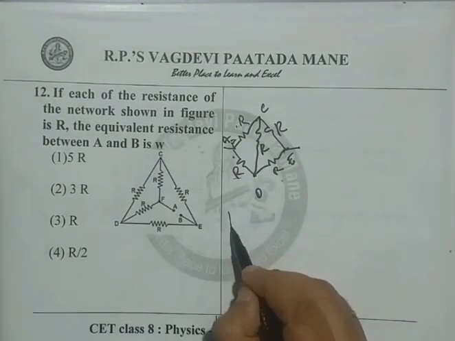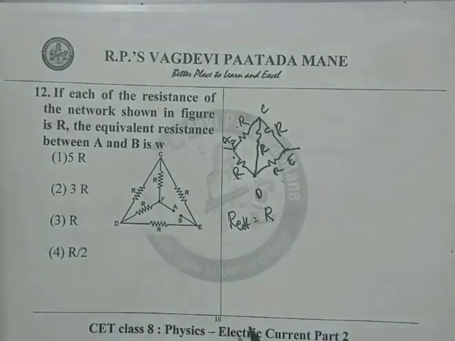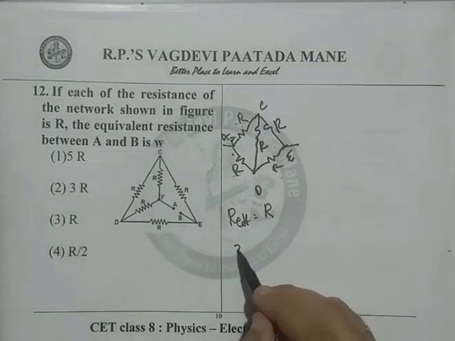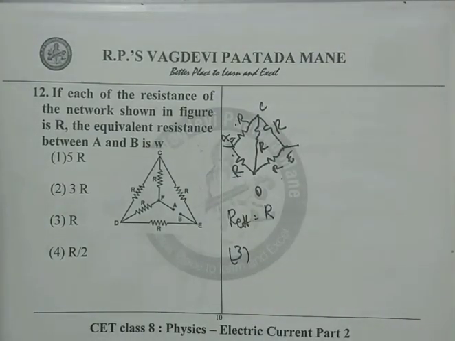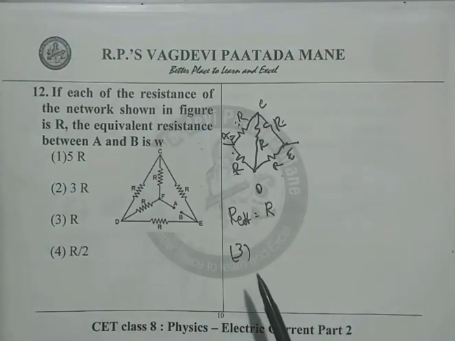Therefore, I can simply write without going for any calculation, R effective equals R. That means third option is correct. Let me repeat it. When a Wheatstone's network has all 4 arm resistances same, then the effective resistance is also same as one of the arm resistances. So here all the 4 arms are R. Therefore, effective resistance is also R. So option 3 is correct.